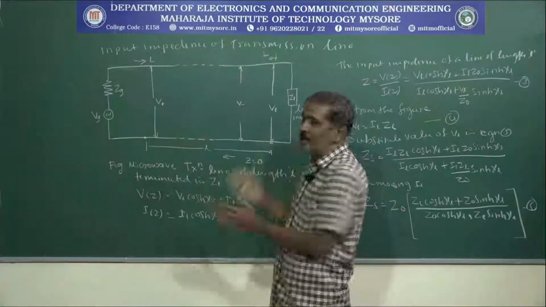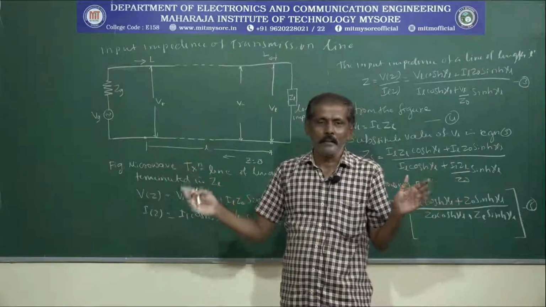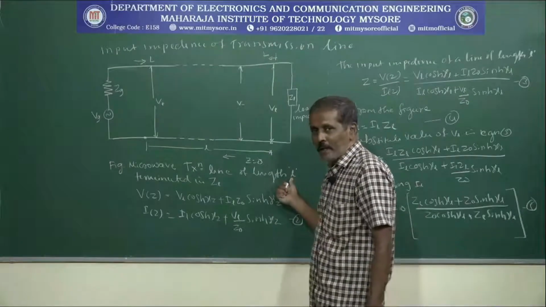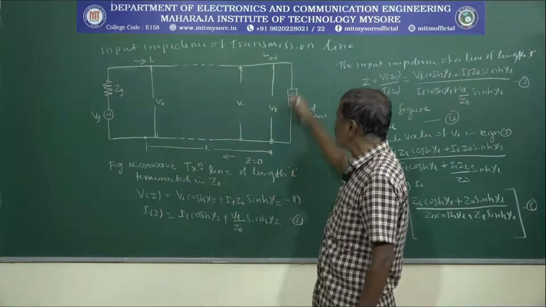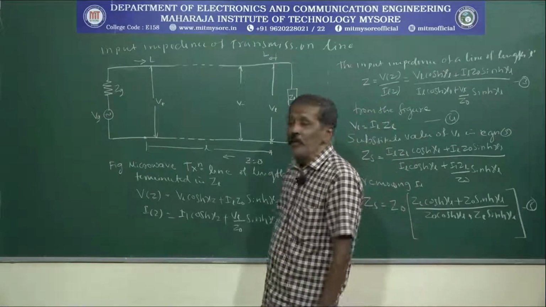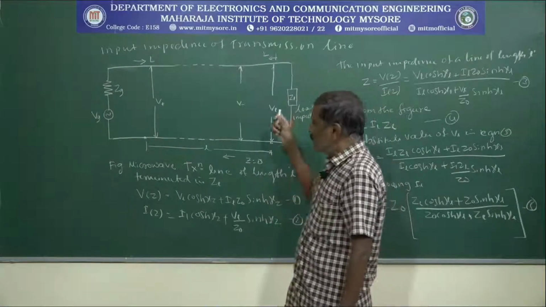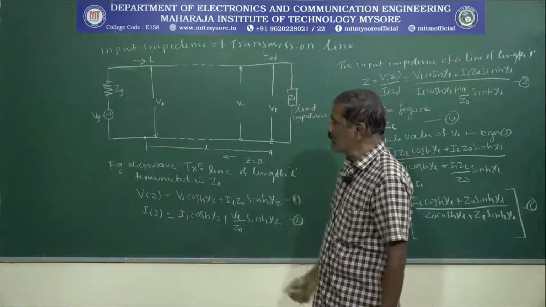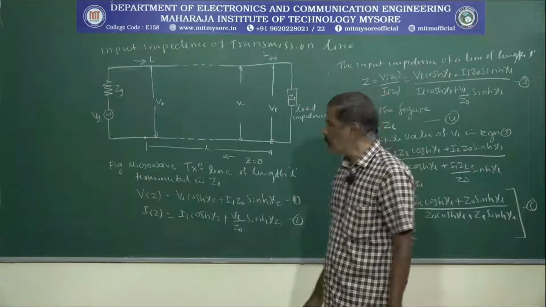That means instead of considering the entire length of the line, a small line of length L is taken, and this line is terminated with a load impedance ZL. Now, let us consider the voltage and the current across this transmission line to calculate the input impedance.